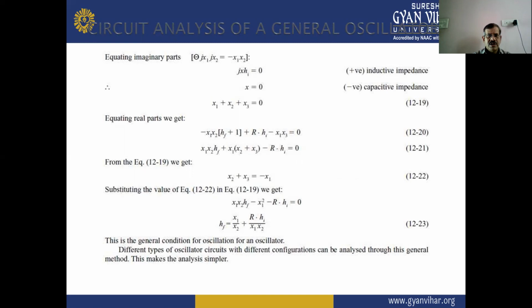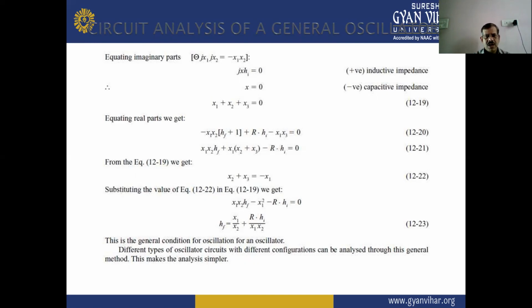Equating the imaginary part, we get X1 plus X2 plus X3 equal to 0, and equating the real parts, we get X1 X2 hf plus X1 X2 ... minus hi R equal to 0.